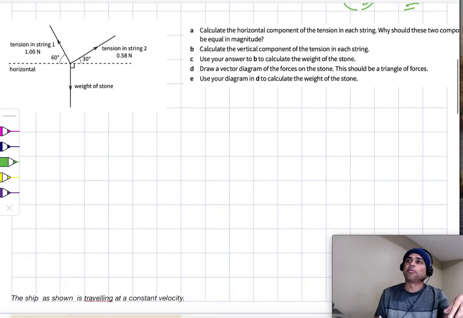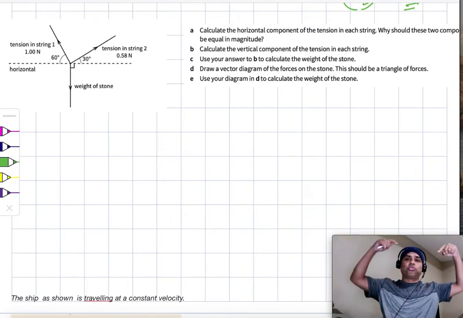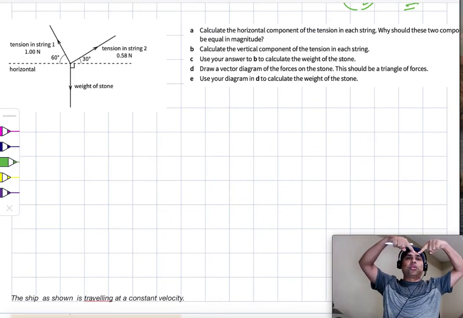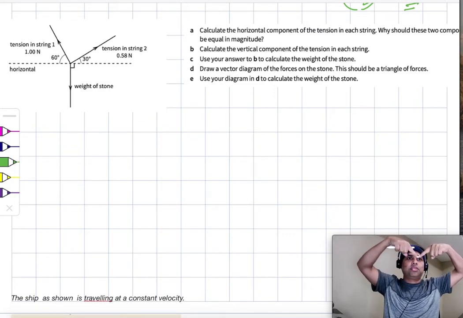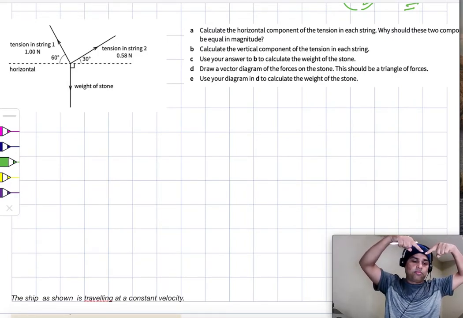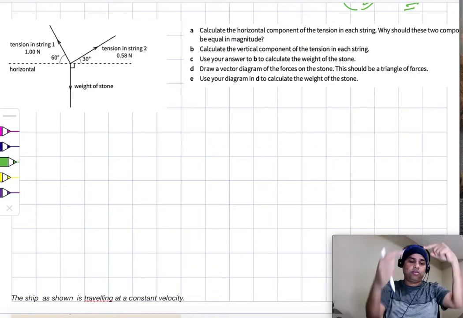Now, another problem we have: two strings are supporting a weight, a stone, right? Not one string. And in this case, the magnitudes of the force of the two strings are different.